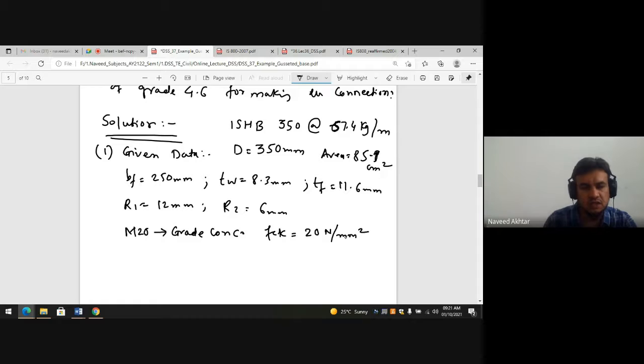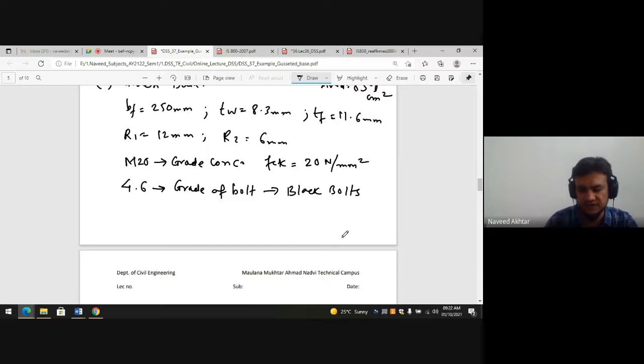Okay. Also, it is given grade of bolt. This is given 4.6 grade of bolt. It means that this is a black bolt. Black bolts are fully threaded. It means that it is a black bolt, rough bolt, common bolt. They are fully threaded.